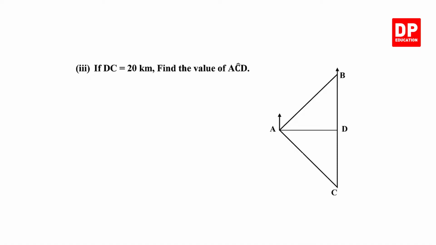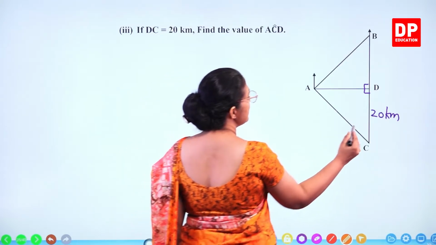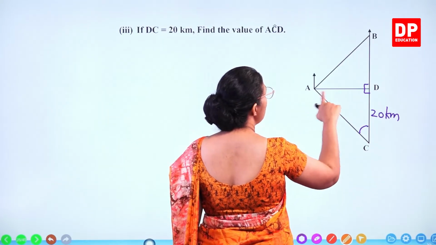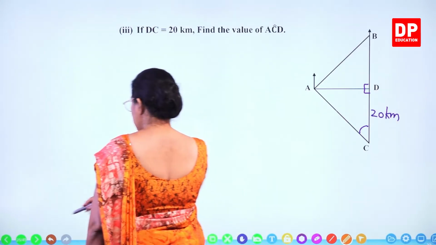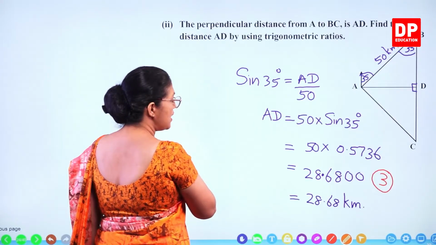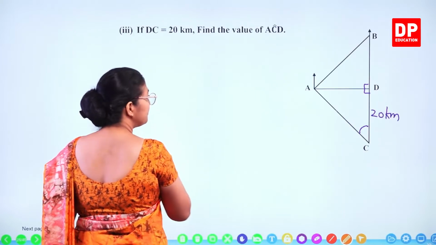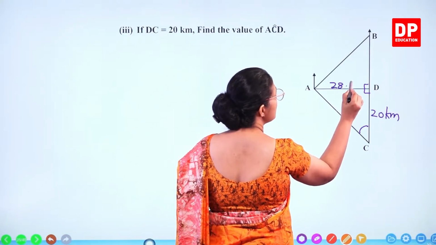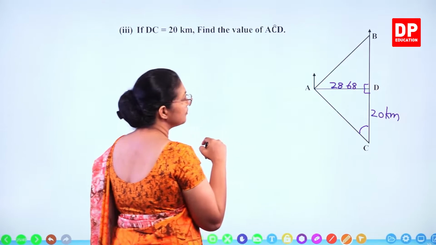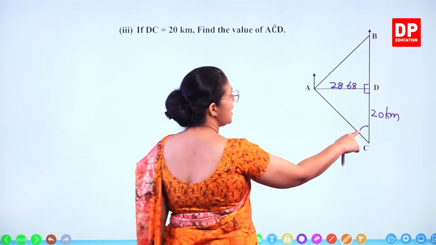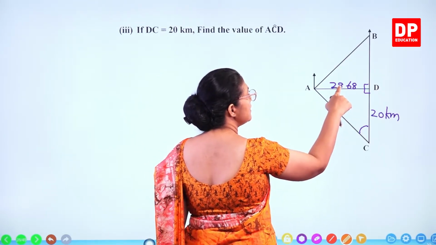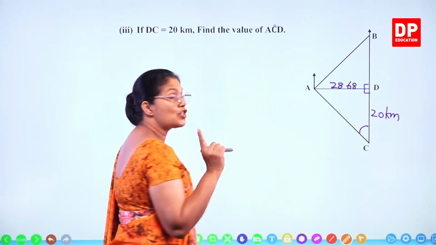Next part, if DC is 20 kilometers, so this is 20 kilometers, find the value of ACD. ACD, this angle. But we found AD, 28.68. So how are we going to find this angle? To this angle, this is opposite and this is adjacent.